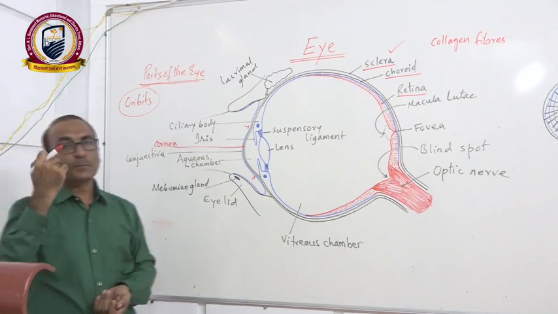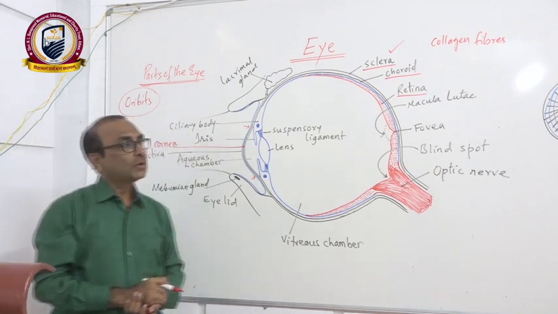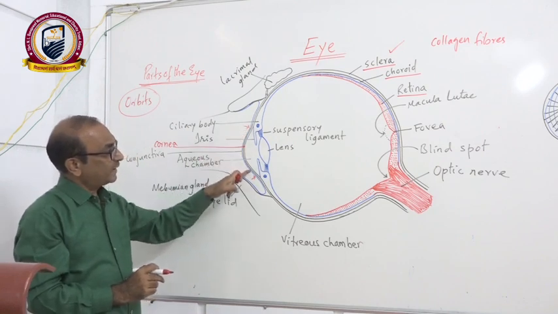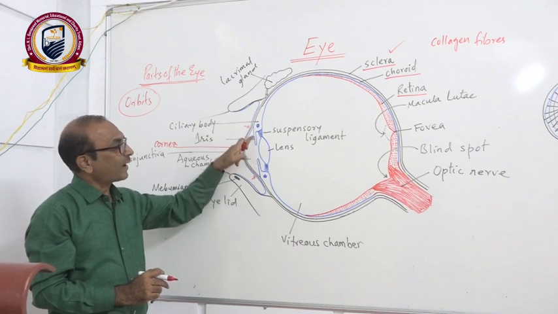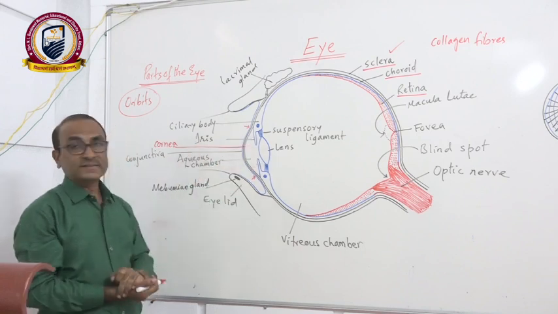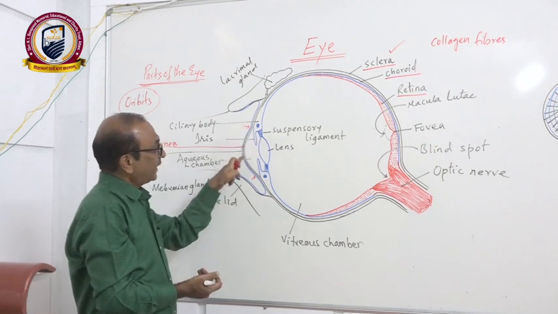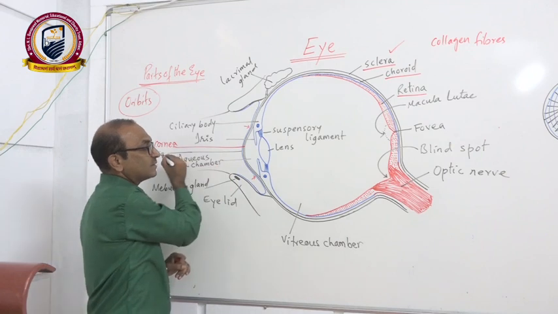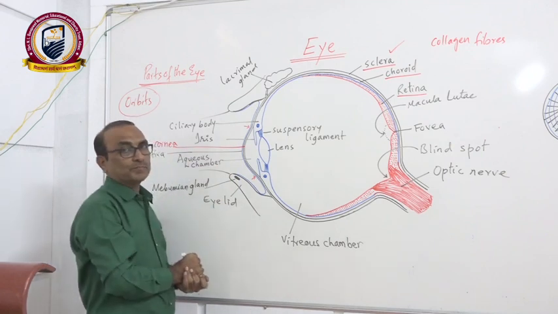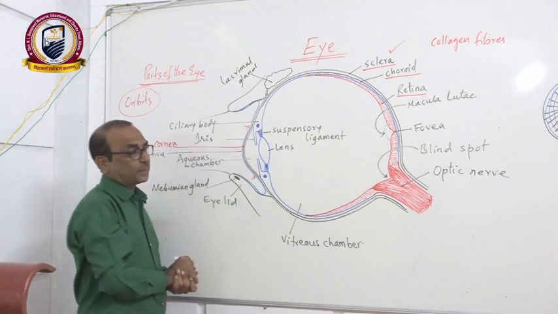And that is the circular spot we see, the black spot. It appears black because through this transparent cornea we are actually looking at the pigmented part of our eye, that is the iris. So the cornea is the front window, which allows sunlight, any light, to pass through it. It is transparent.